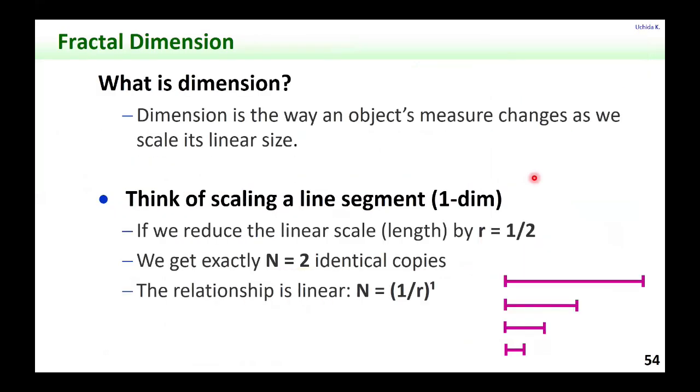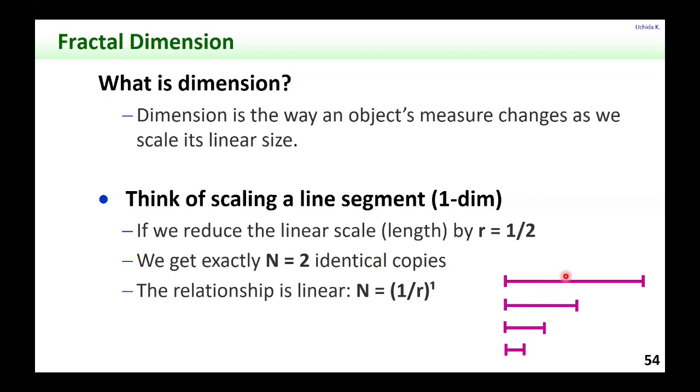So here, the interesting mathematical point is the analysis of dimension. What is dimension? Usually, dimension is the way an object's measure changes as we scale its linear size. Think of scaling a line.